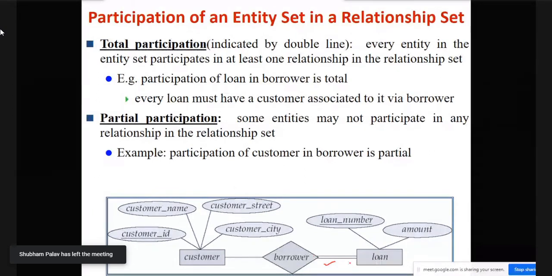Why is the double line here? We will go with the example. Participation of loan in borrower is total. Loan is my entity set, and loan number is the primary key. In a banking system, when are the loan numbers generated?